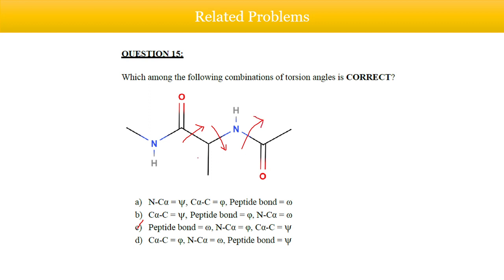The first one is your psi, between C and C alpha. Between C alpha and N is your phi, and between N and the peptide bond is your omega. So remember these 3 things, that will be enough.